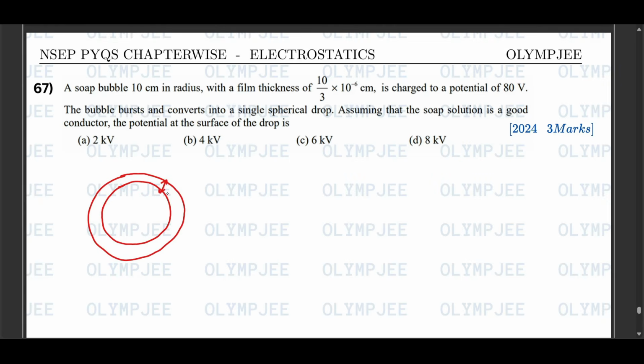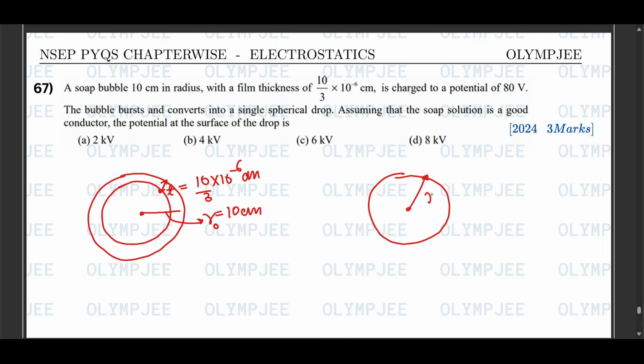This is thickness, and the radius is 10 centimeter, r naught, and after that it becomes a drop of some radius r, right?